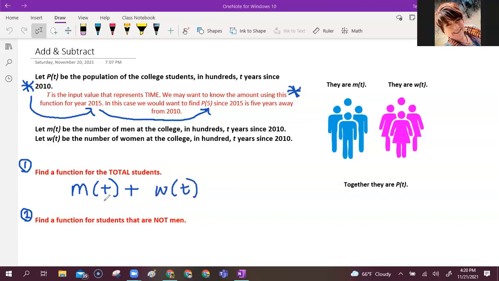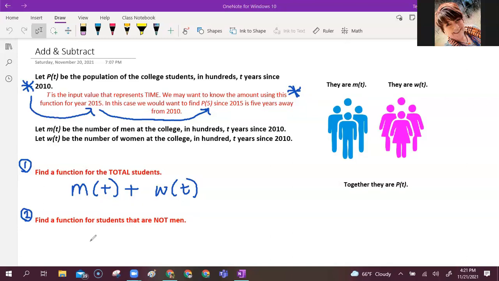So as long as I have the men and the women together, I have my total. So therefore, this is the final answer. There's really nothing else that we can do with that. That's all it asked me to do, just write a function for the total students. We're not solving anything. We're just writing a new function.